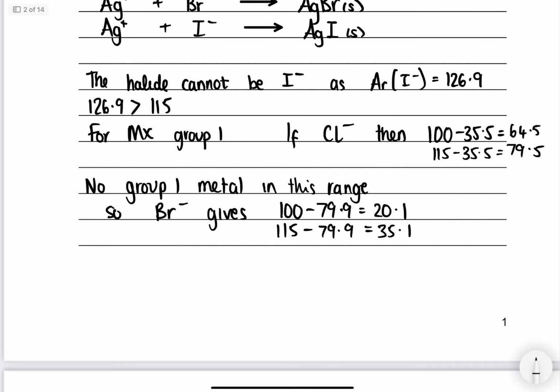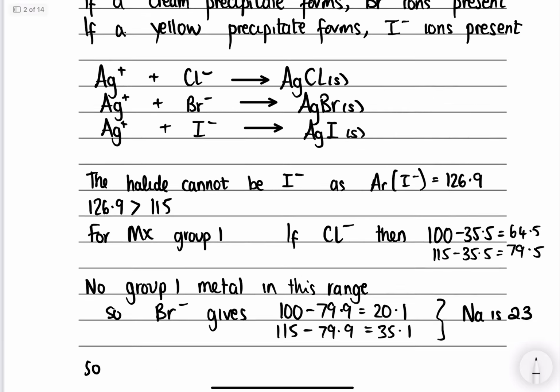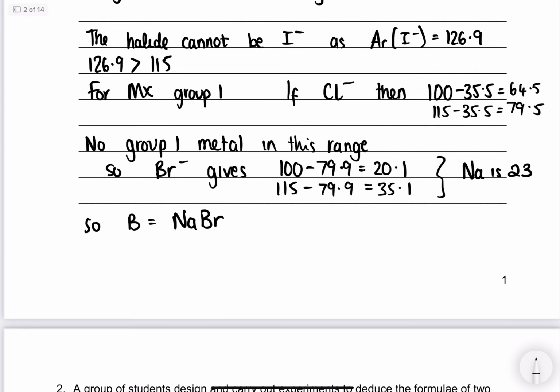Is there anything in group 1 between those two numbers? And yes, sodium is 23. So this was compound B. B equals NaBr.